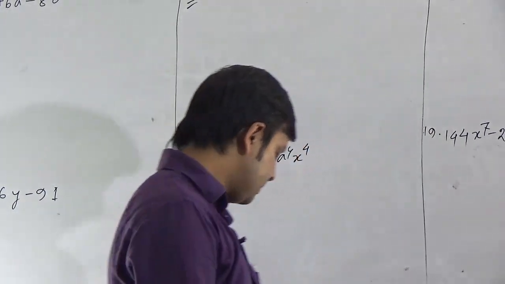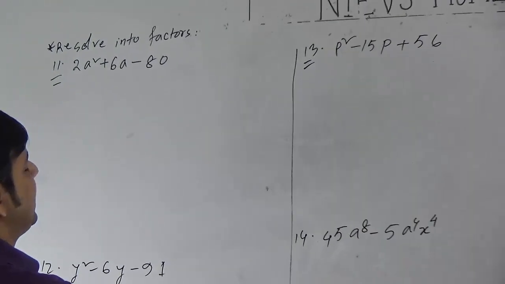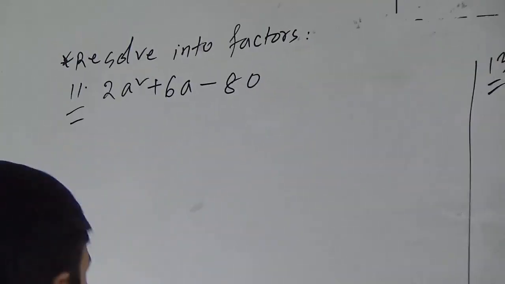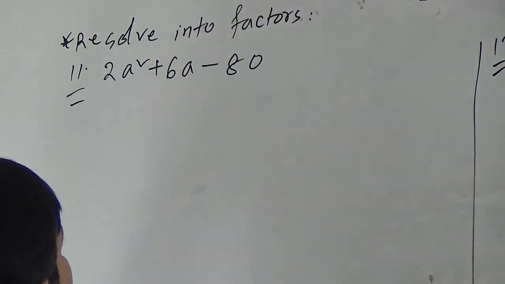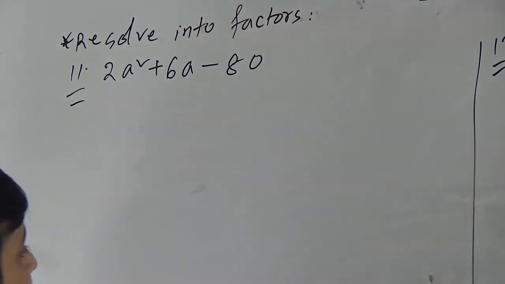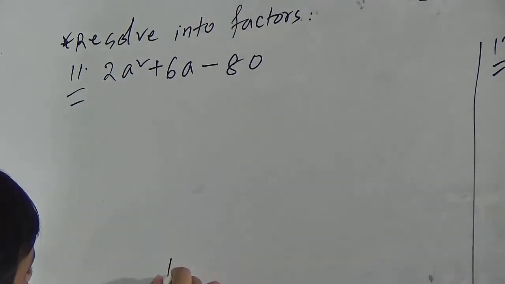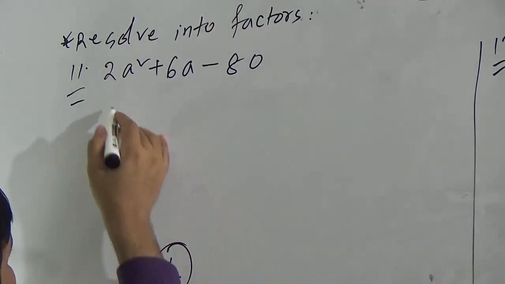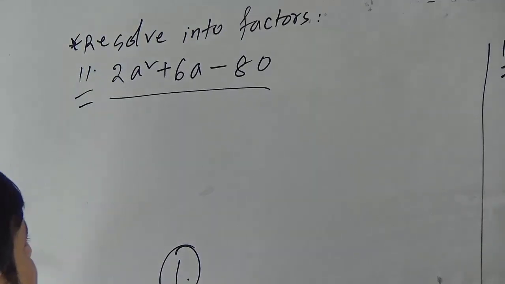Okay, let us start. In this chapter, our topic is resolving into factors. Some expressions are given, and we have to resolve each expression into factors. In the last class, I explained how to resolve into factors and told the rules. First, we have to observe if there is any common factor in all the terms.